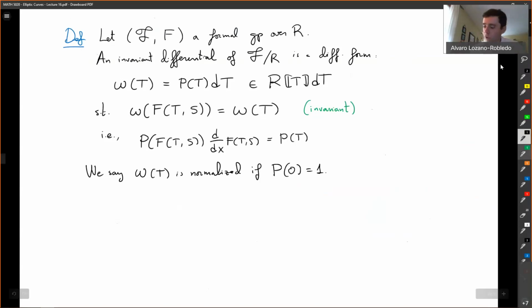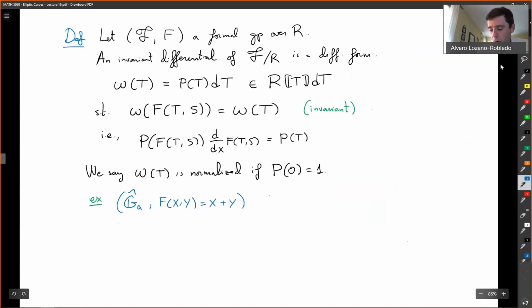Okay, so for example, the invariant differential for G_a, where F, remember, is just addition, is just dt.